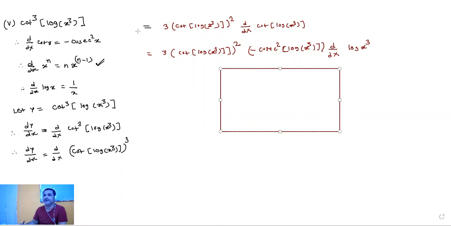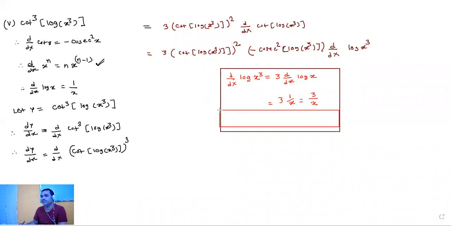In this way, if we get a function like this, so here d by dx of log of x cube, we can certainly write it like 3 into d by dx of log of x. And we know that d by dx of log of x is 1 by x, so we write here like 3 by x, 3 by x.